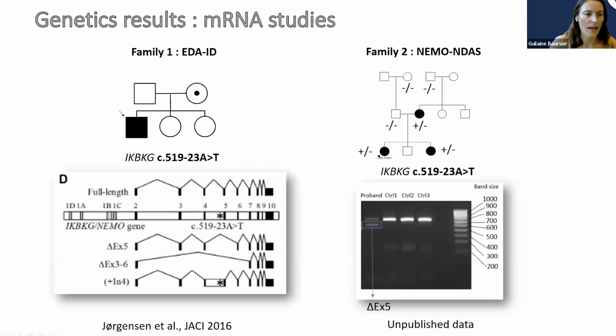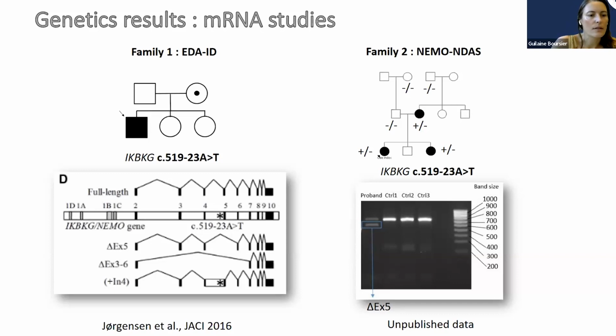So mRNA studies were performed, and you can have more information about the first case in the publication of Trine Mogensen and her team in JACI in 2016. We can see here that the EKBKG gene harbors non-translated exon 1 and coding exons 2 to 10.